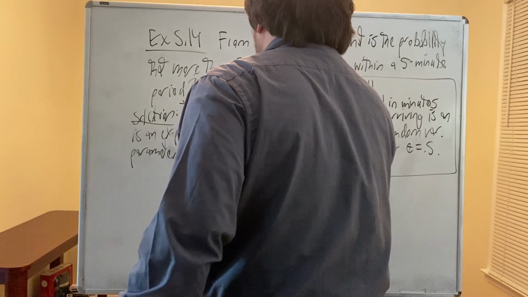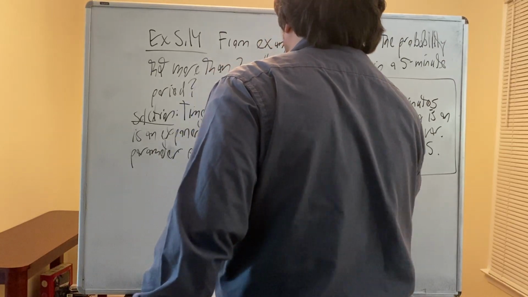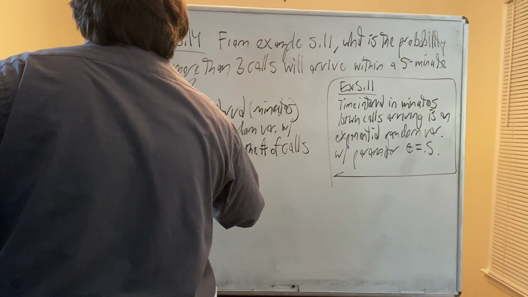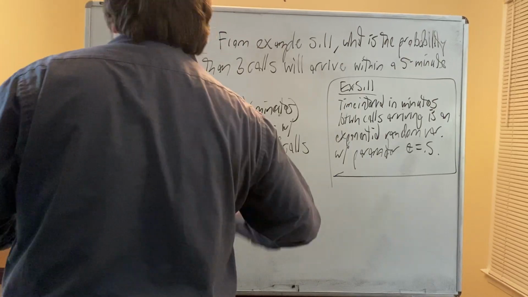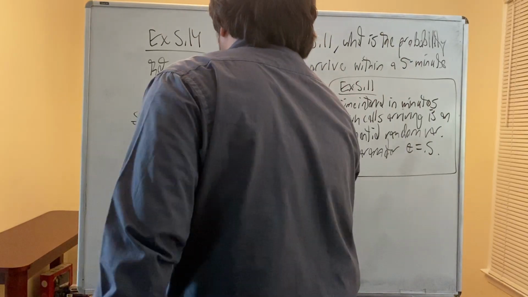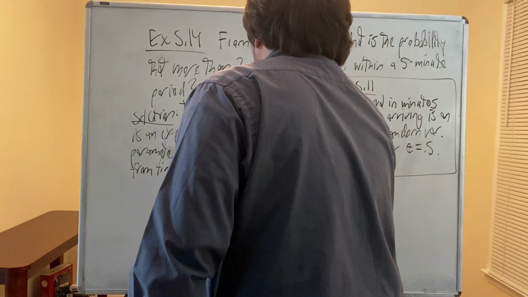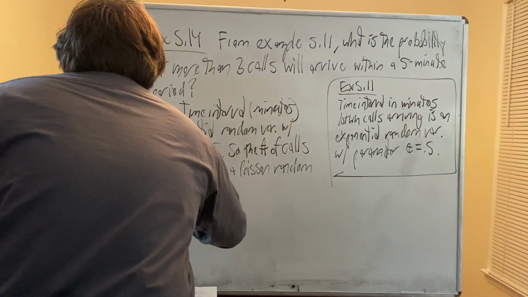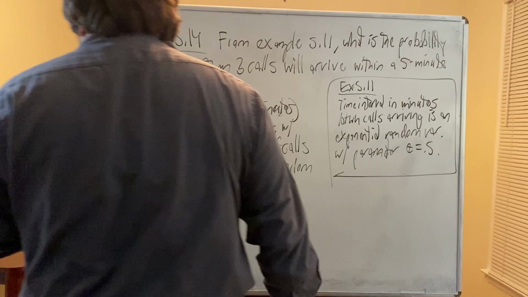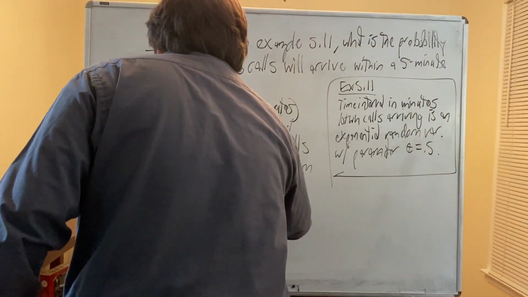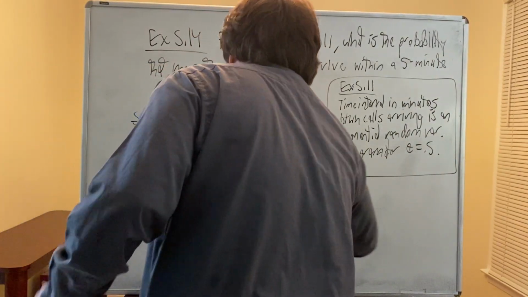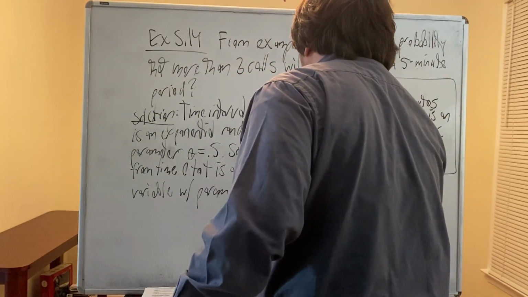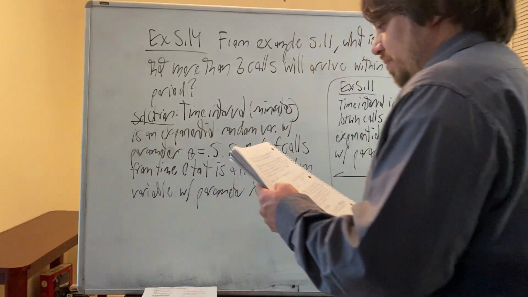So the number of calls from time 0 to t is a Poisson random variable with parameter lambda t, which is equal to 1 over 0.5 t.